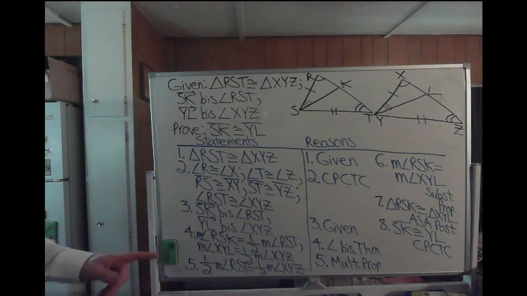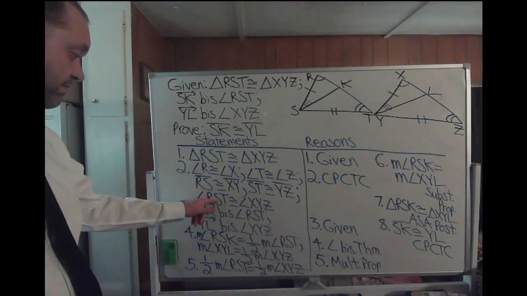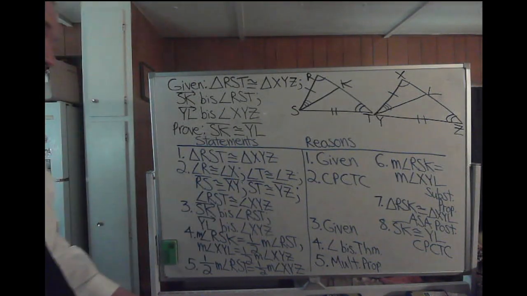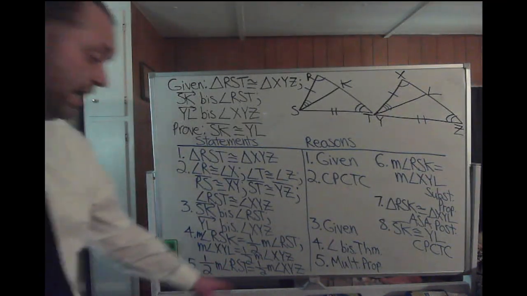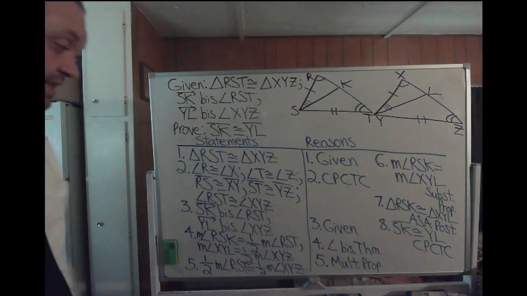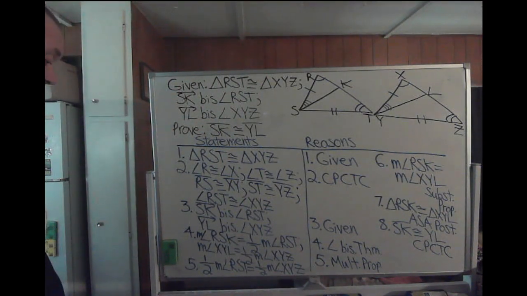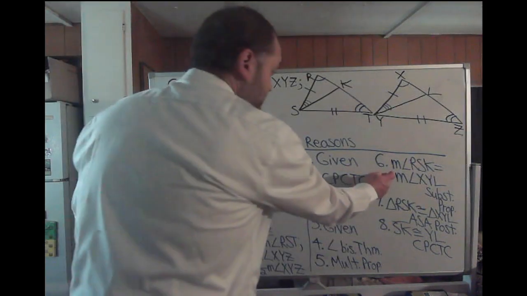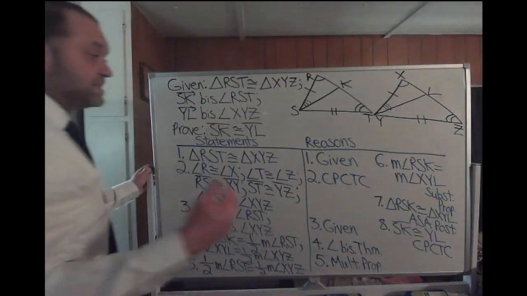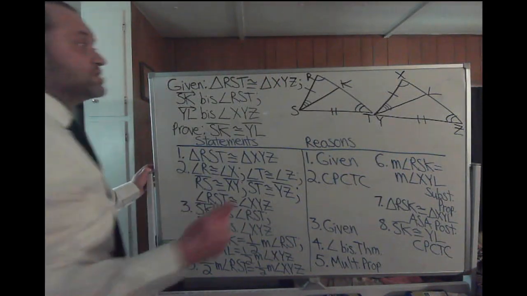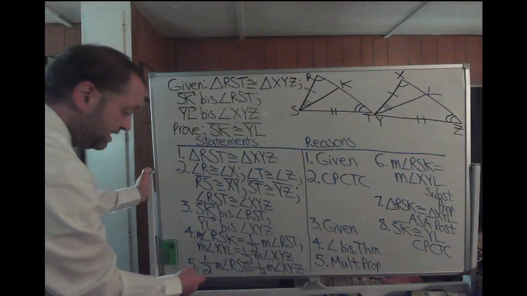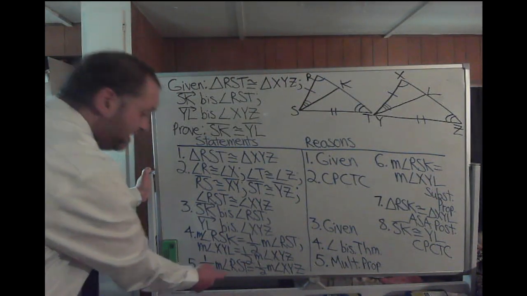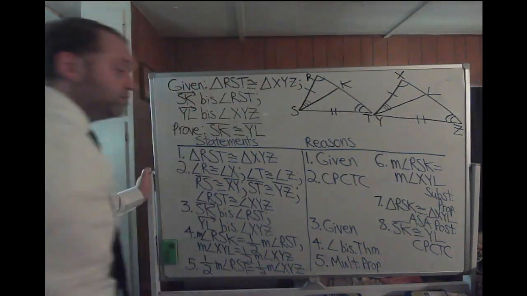Which then now we know that if RST is congruent to XYZ, then half the measure of angle RST is equal to half the measure of angle XYZ. That's by the multiplication property. And now for step 6, we can say the measure of angle RSK equals the measure of angle XYL by the substitution property. We can simply substitute those for half the measure of angle RST and half the measure of angle XYZ.